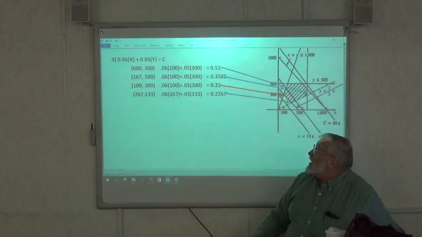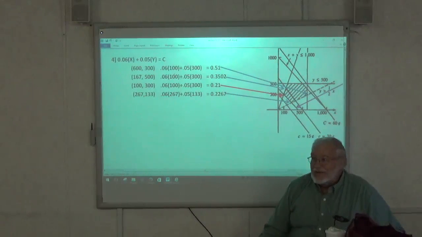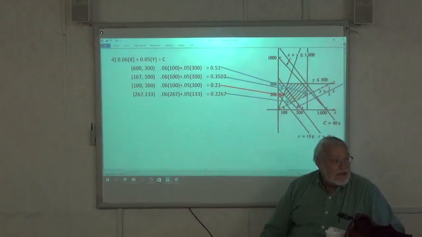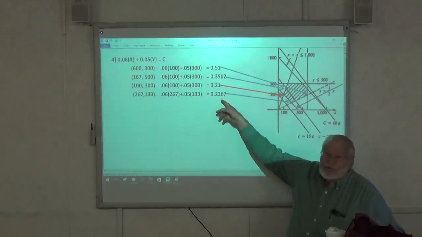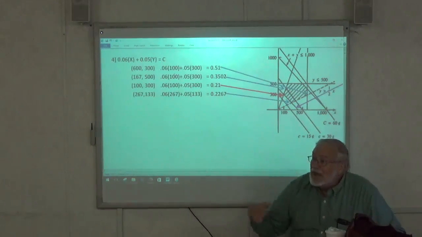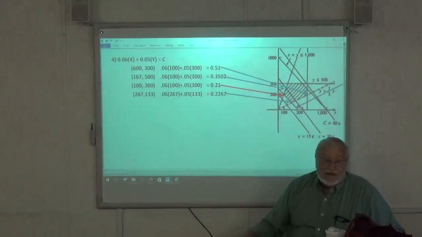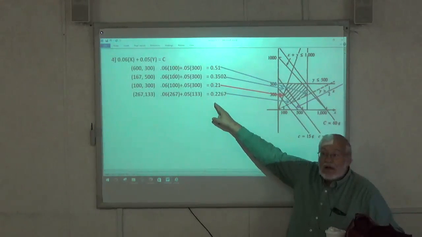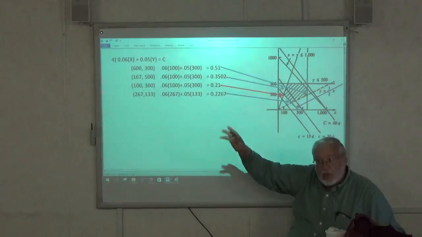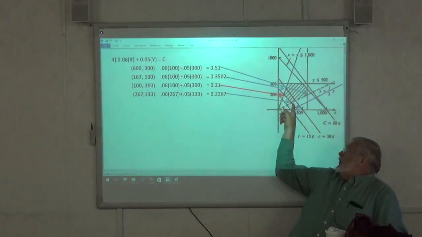If they asked for the average, what would you do? How do you find the average? Add them all up and divide by 4, and that would give you the average, right? A lot of times the problems were relatively straightforward after you found out what these points were.